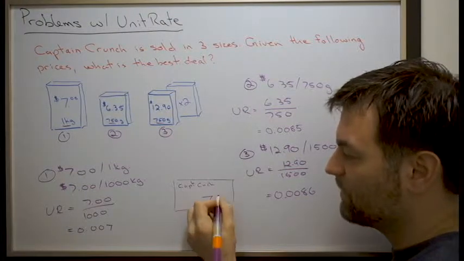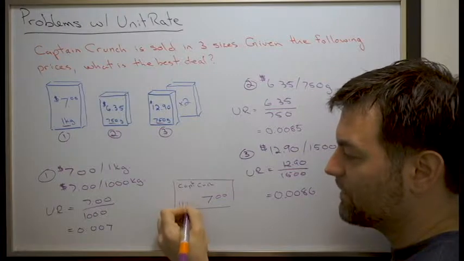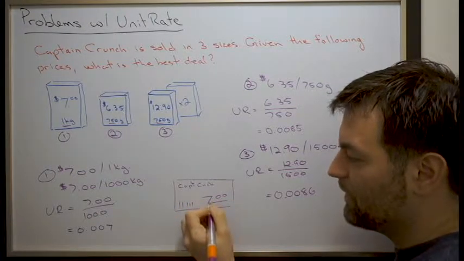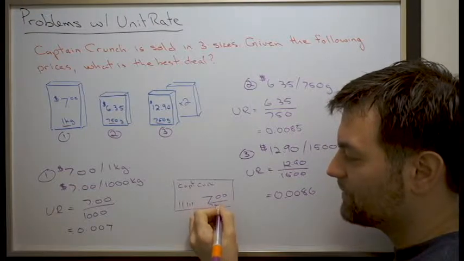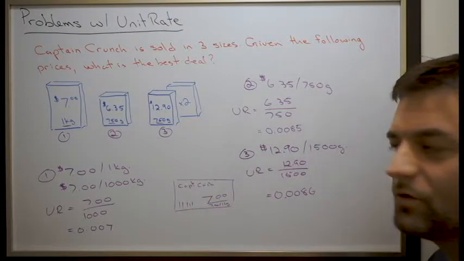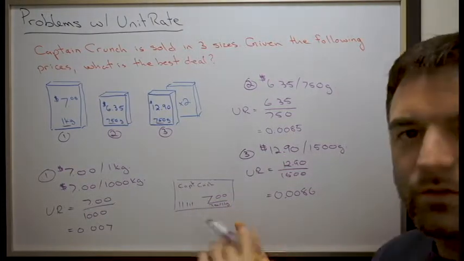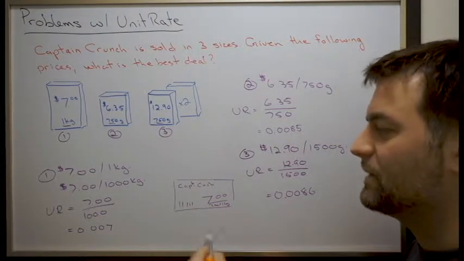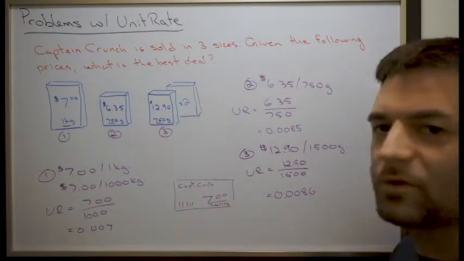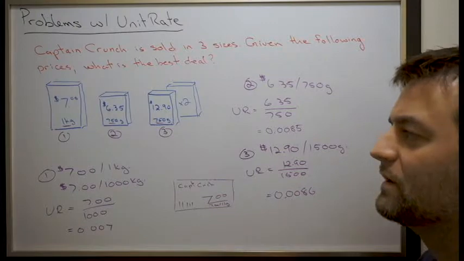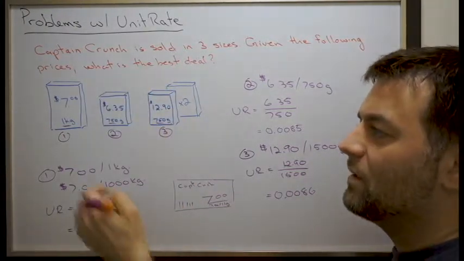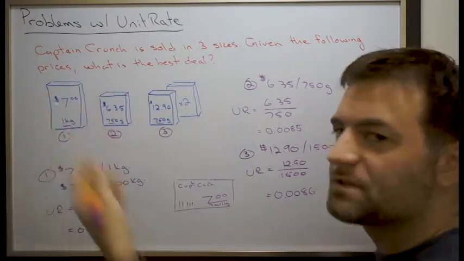So we have our $7 box here and its barcode, but underneath here it'll usually give you $7 per 1 kilogram, and it'll actually give you a unit rate. But again, they can use that to mess around with you a bit, because sometimes they put the per kilogram and then they might say this one's per unit, and they'll give you a unit price per unit, which would allow you to compare this box to this box but not compare this pair of boxes to that.